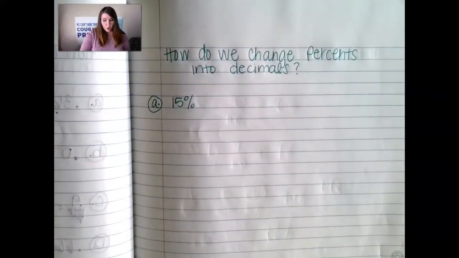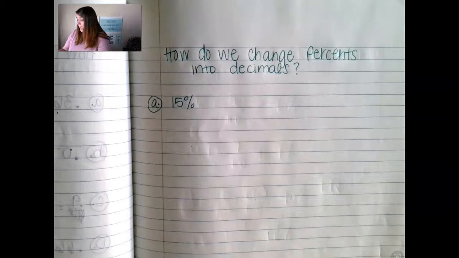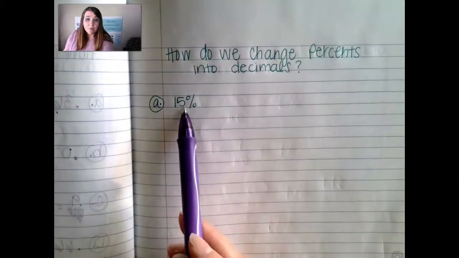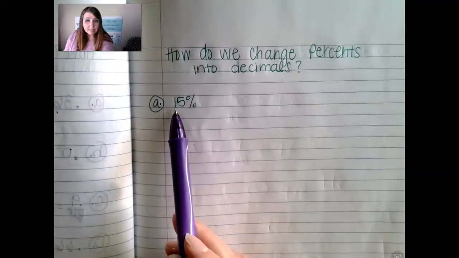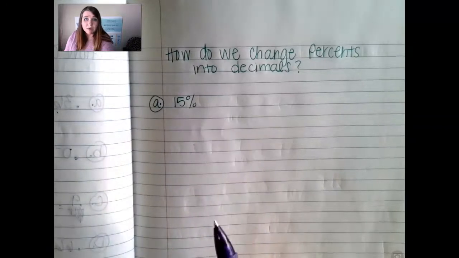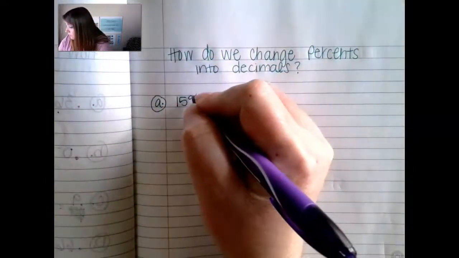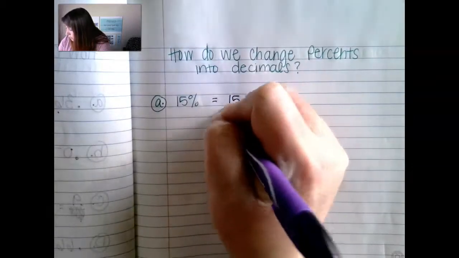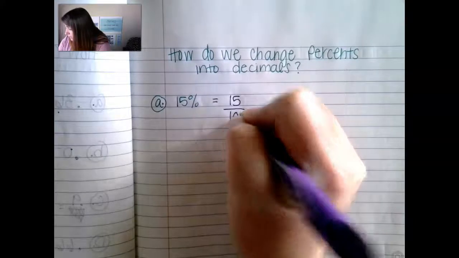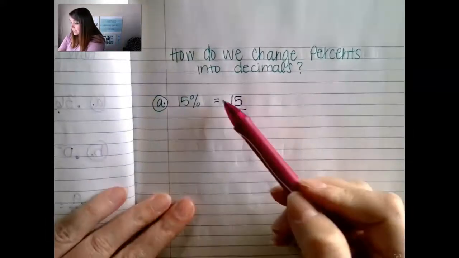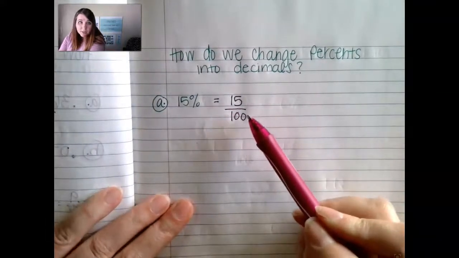So we know that we can turn a percentage into a fraction out of 100, because this just means 15 over 100 if we're thinking about special ratios. So if I throw away that percent sign and make this into a fraction of 15 over 100, I can now turn this into a decimal by reading this as 15 hundredths.